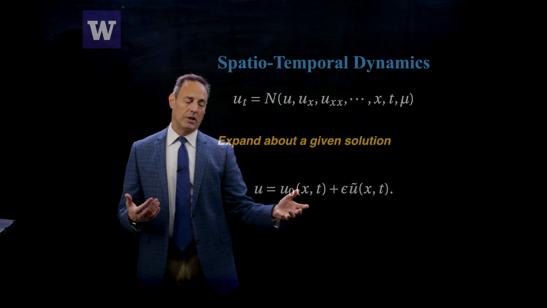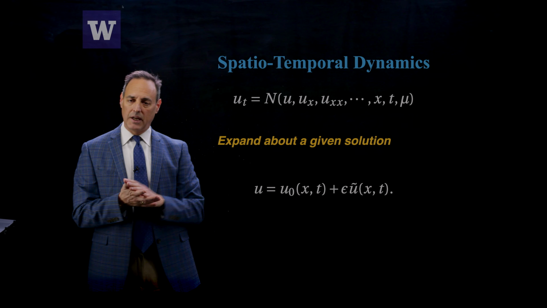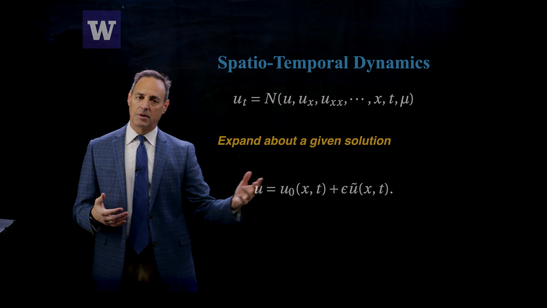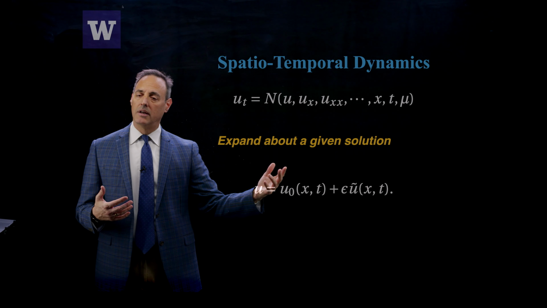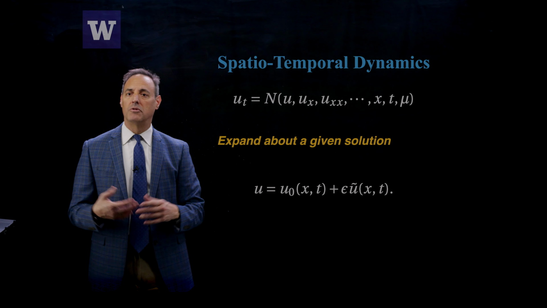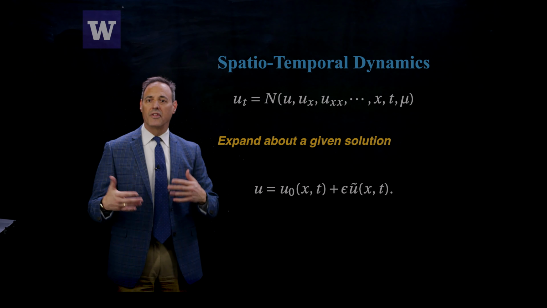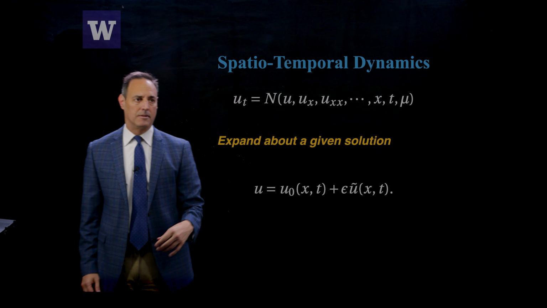The really big question to ask is what happens to U tilde around some bifurcation? If U tilde grows, it means this U naught solution is unstable. If U tilde goes to 0 or stays bounded, then U naught is considered to be stable. So these are the kind of things that we want to do here to try to understand the resulting dynamics of this system.